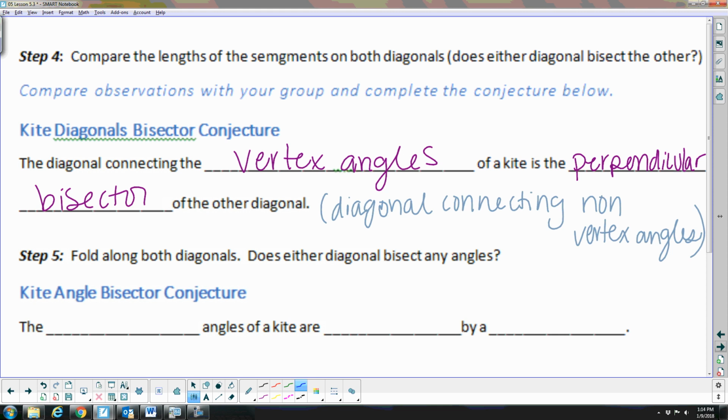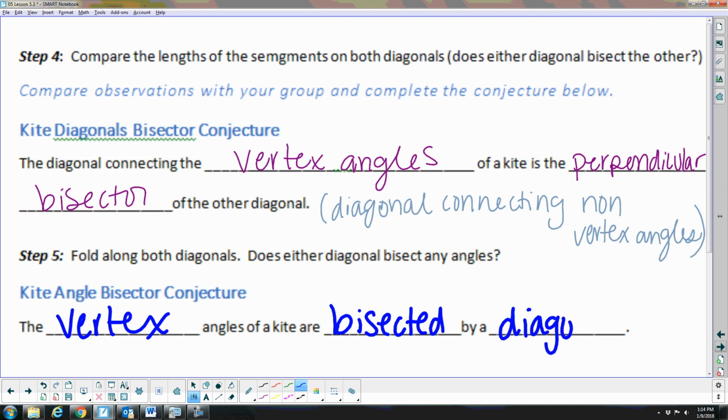So the kite angle bisector conjecture says that the vertex angles of a kite are bisected by the diagonal. All these properties that we're discovering about kites, we have already discovered using isosceles triangles. But now with a kite, we're just putting those two isosceles triangles together.